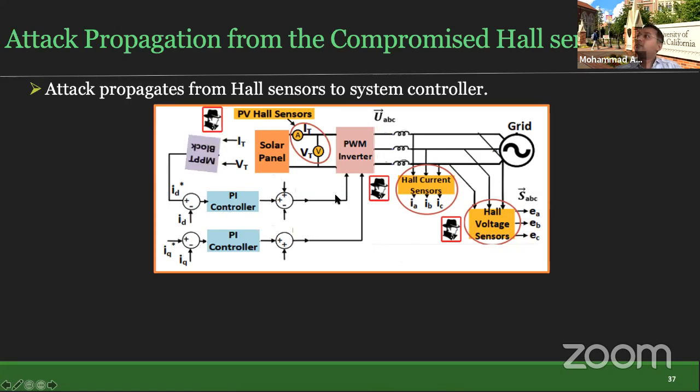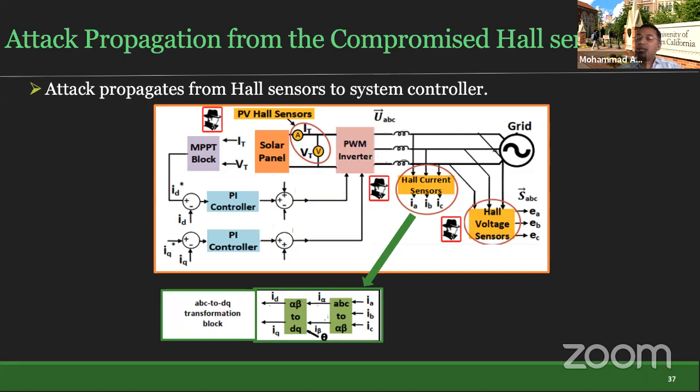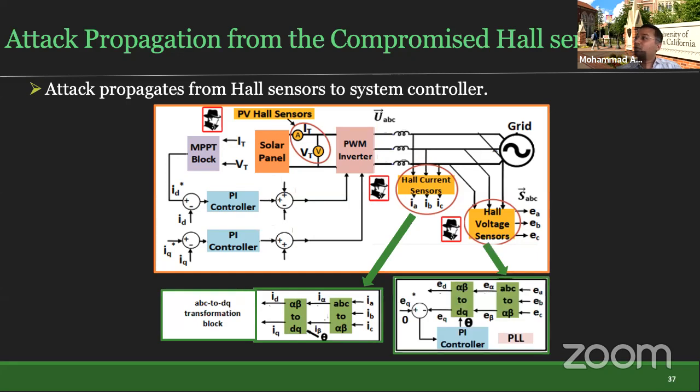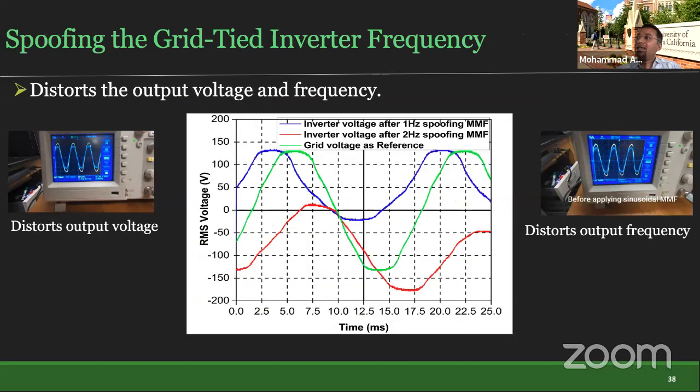For example, if you hack into the PV Hall sensor, the MPPT block can be hacked, and that will impact the PI controller. Eventually, by carefully knowing the value and carefully changing it, you can go into the PWM inverter and change the parameters. You can do the same thing for the Hall current sensor through the ABC to DQ control block, and also the PLL block for the other voltage sensor. So all these sensors can eventually be hacked.